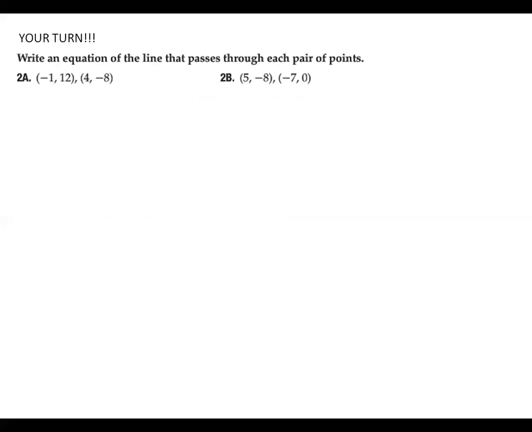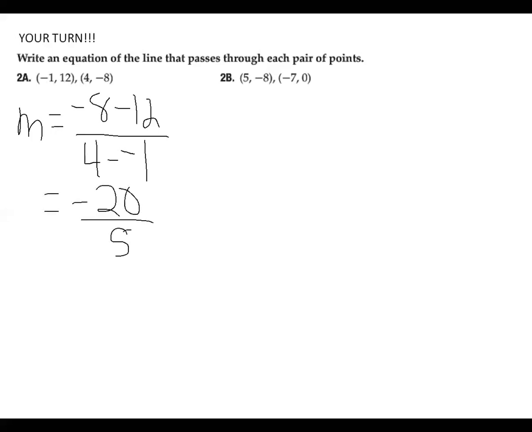All right, we're back. So first we're going to get the slope. So that's (negative 8 minus 12) over (4 minus negative 1). So that's negative 20 over 5, which is negative 4. The slope-intercept formula is y equals mx plus b.